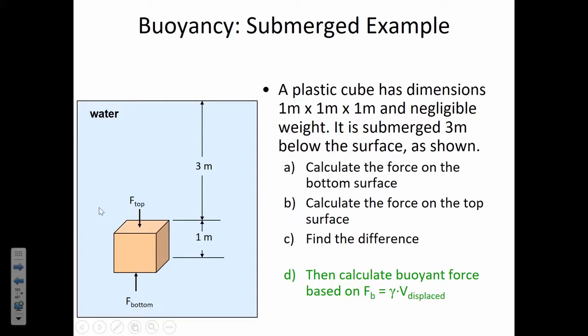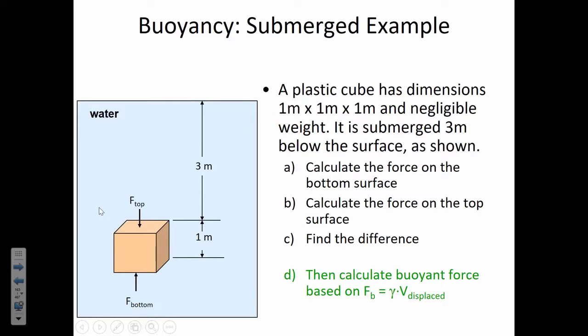So the depth that we're talking about, delta H times gamma, will give us the pressure, and then we're going to multiply it by that bottom area of a 1 by 1 cube. So it's oriented such that it's completely flat on the bottom and the force is acting straight up on that.